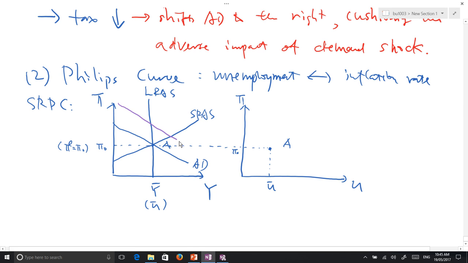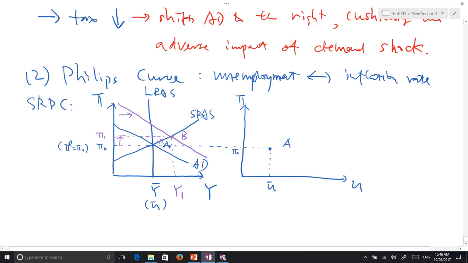For example, it could be due to the government increasing spending, or the central bank cutting the interest rate. So the economy moves from point A to point B. Output increases, inflation rate increases.